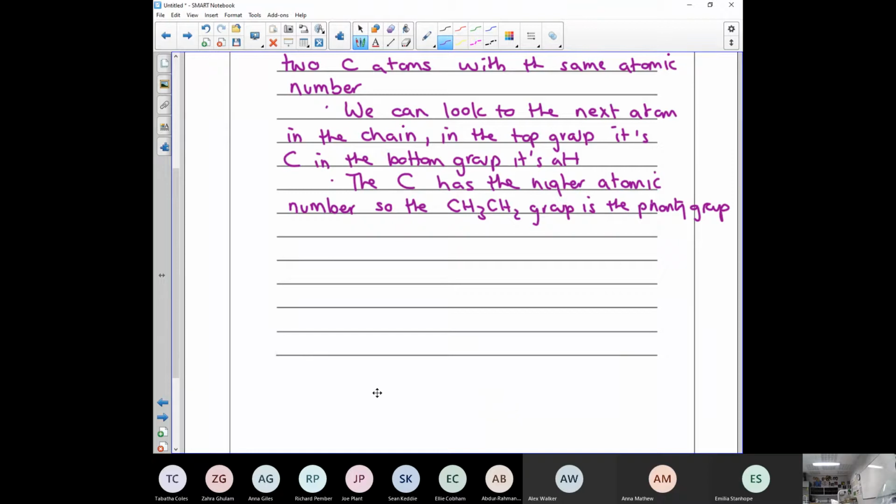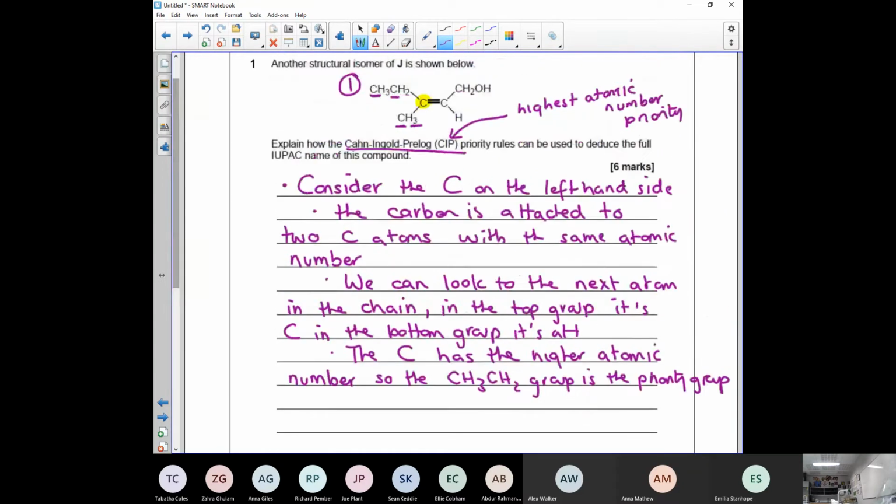Cheers, Richard. Right, so we've considered the carbon on the left-hand side, so we now have to look at the carbon on the right-hand side. So this one's a little bit easier, because that particular carbon that I've just highlighted in green is attached to 2 different atoms already.